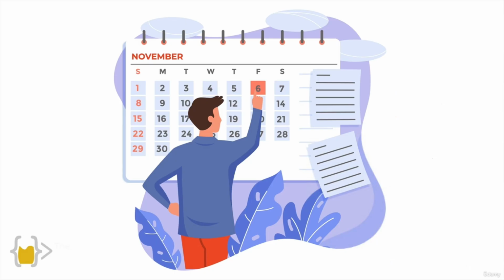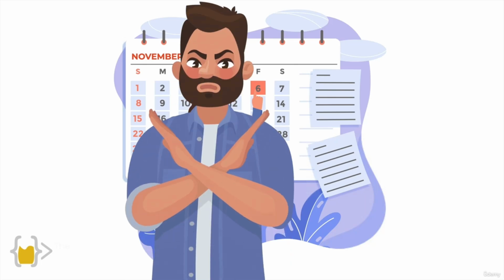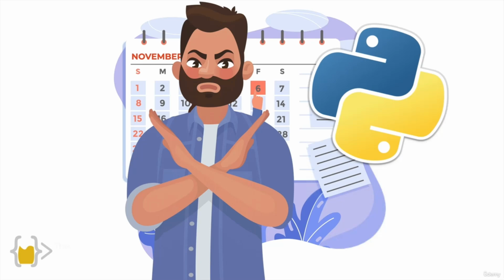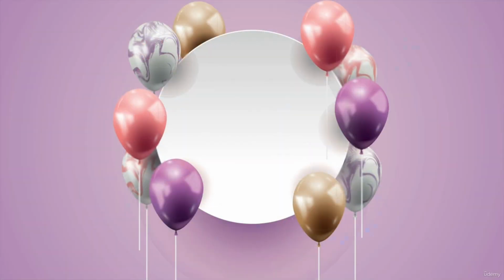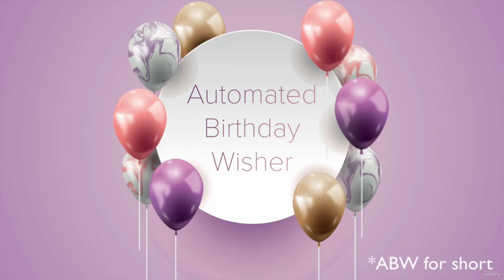So what's our solution? To remember everybody's date of birth? No. We're going to build a Python program. And this Python program is going to be the automated birthday wisher. All we have to do is create a spreadsheet of all of our friends' birthdays and then create a bunch of emails, and we'll randomly pick an email to send to each of these friends.